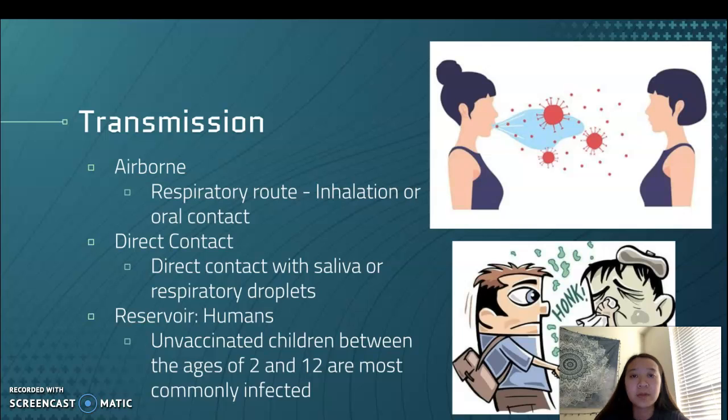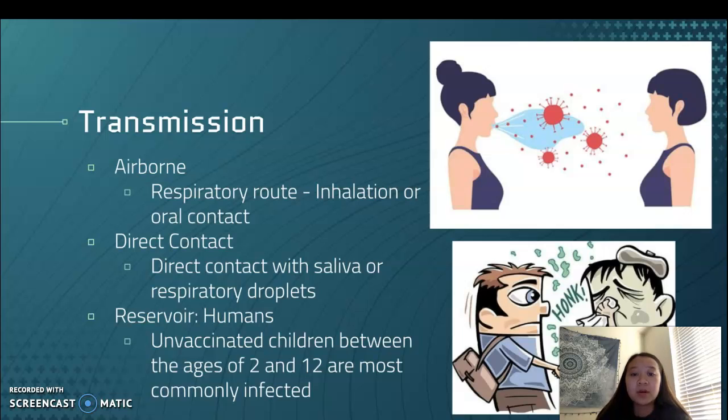and the at-risk population here is unvaccinated children between the ages of 2 and 12, who are most commonly infected. But it can also affect other age groups such as older people, and this would actually affect more of their central nervous system, and their pancreas, their prostate, the breast, and other organs may be involved as well.